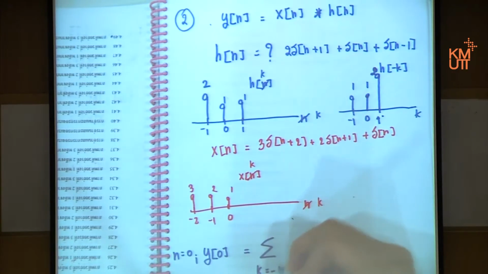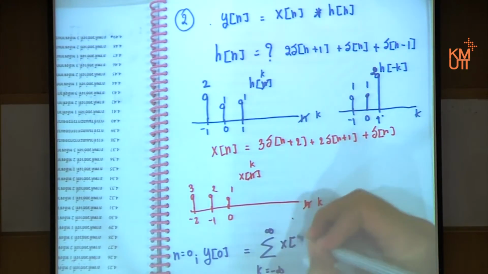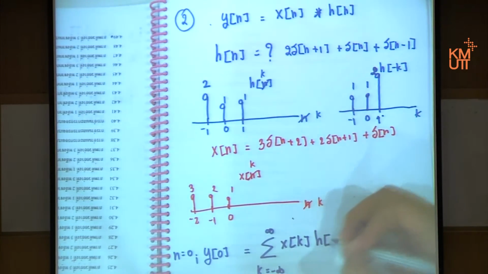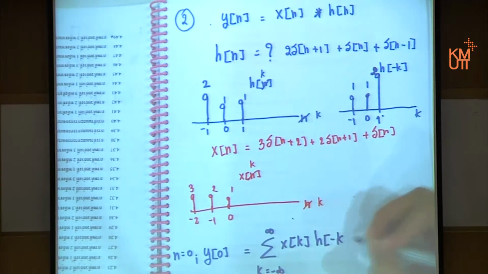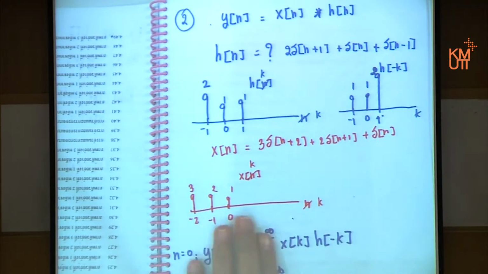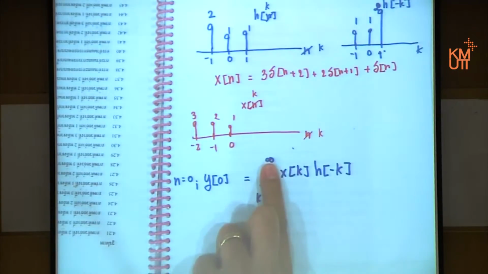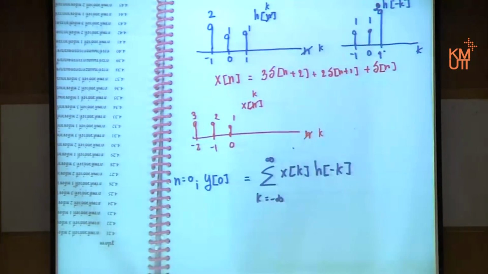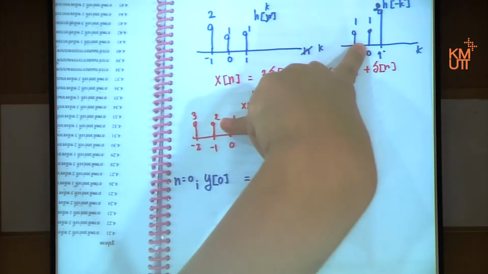The formula is the sum over k from minus infinity to infinity of x[k] h[-k+n], and your n is equal to 0, right? So what you need to do is perform multiplication between x[k] and h[-k]: this one multiplied with this one.